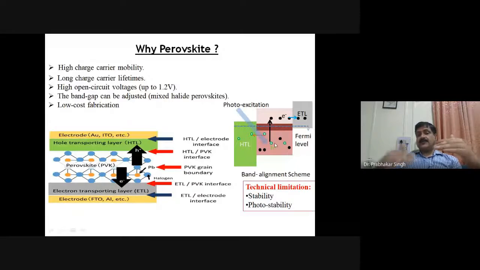You have to choose the hole transport layer, the electron transport layer, and the absorbing material in such a way that when the light is falling, the Fermi level gets disturbed and they are aligned, so that the transfer of electrons takes place to the electron transport layer, and the transfer of holes can take place to the hole transport layer. So this is basically the band alignment scheme they are working on.